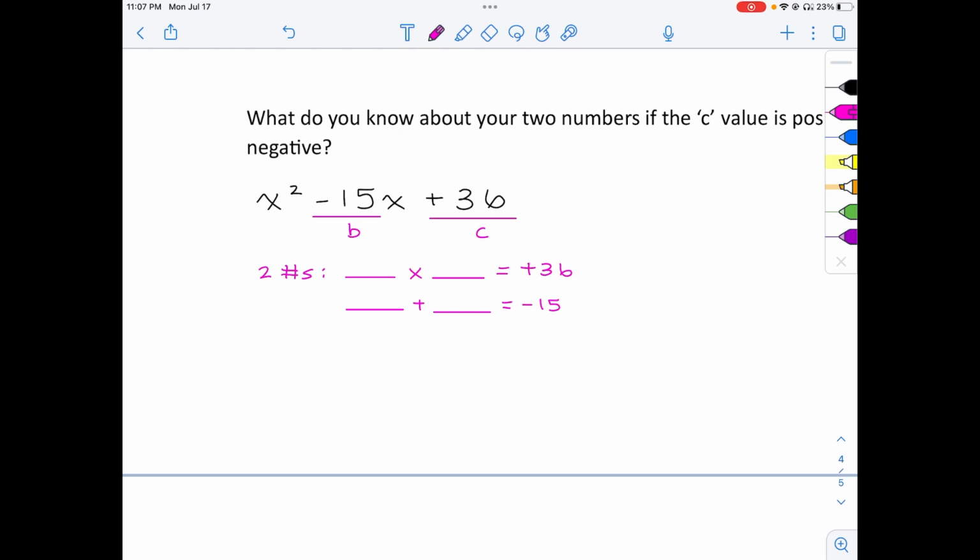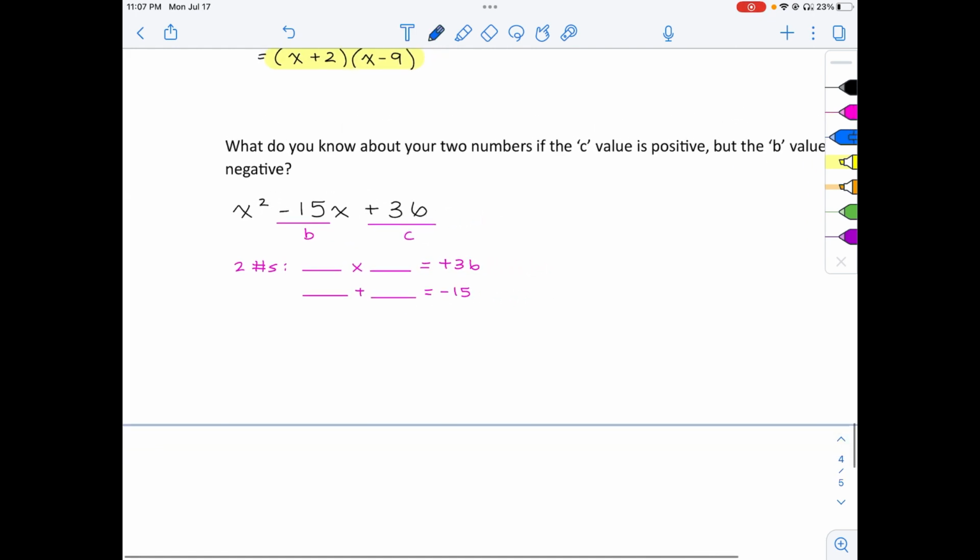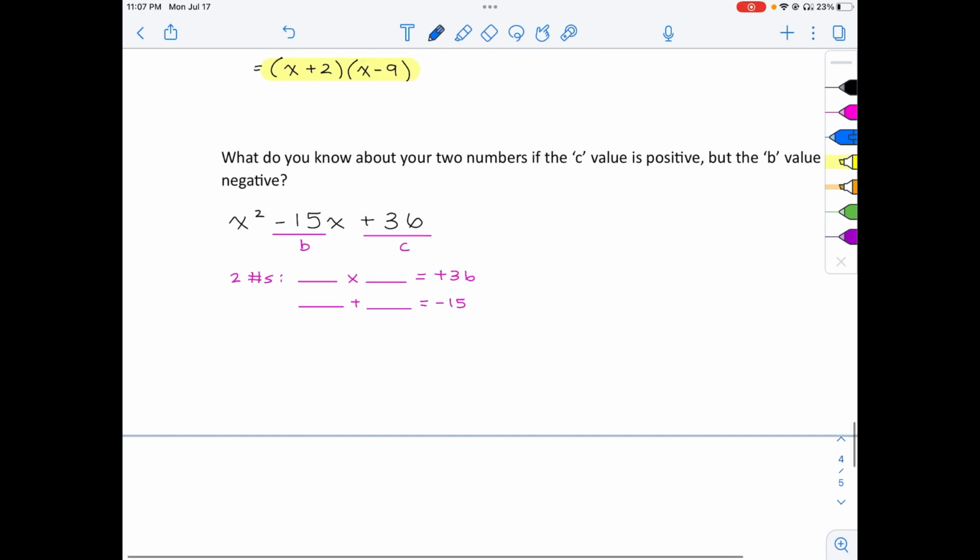But if I add a positive plus a positive, it's not going to give me negative 15. So my other option is that they are both negative. We know that a negative times a negative will give us a positive, and a negative plus a negative is still going to give us a negative number.